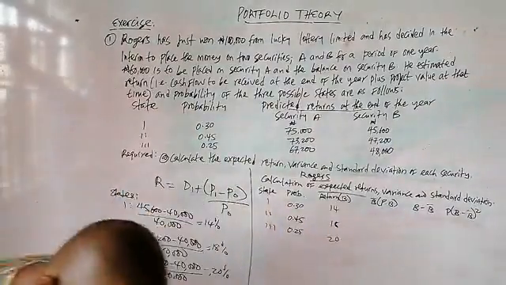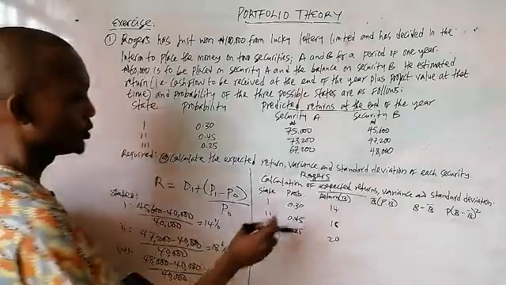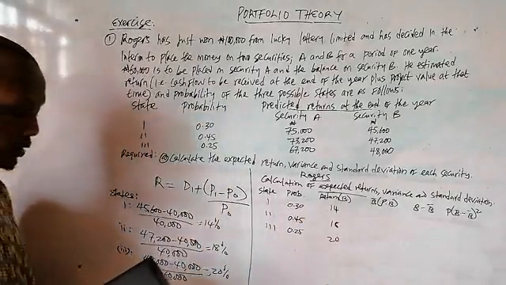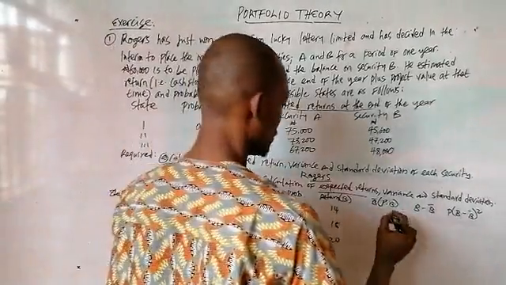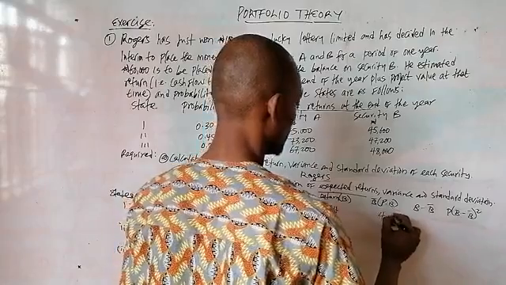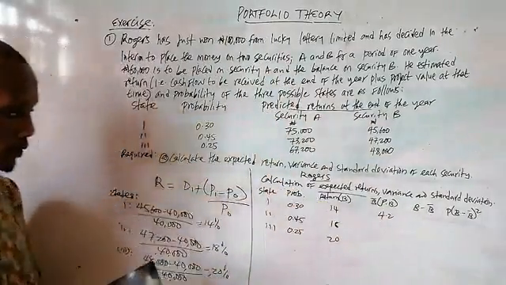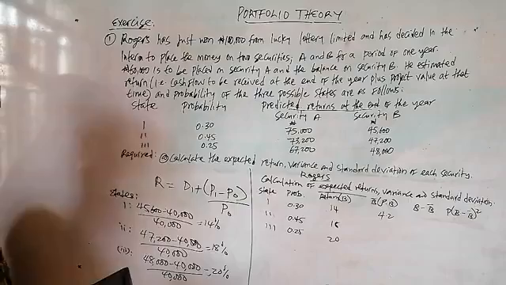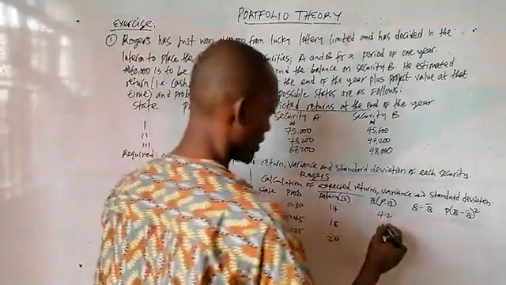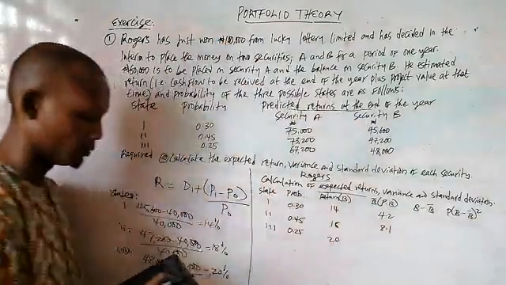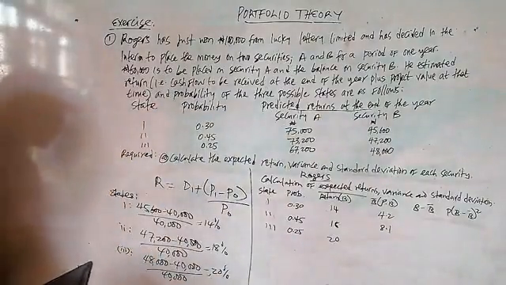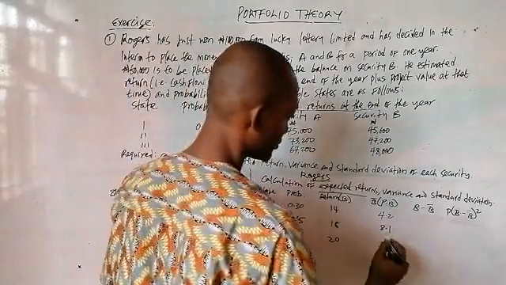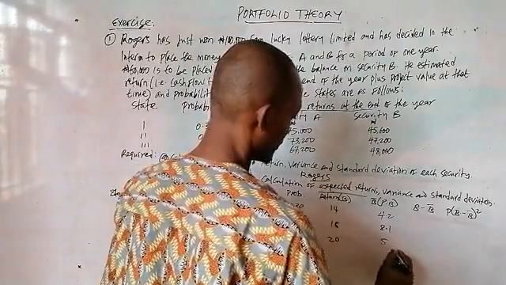So let's move. 0.3 times 14 gives 4.2. 18 multiplied by 0.45 gives 8.1. 0.25 multiplied by 20 is 5.